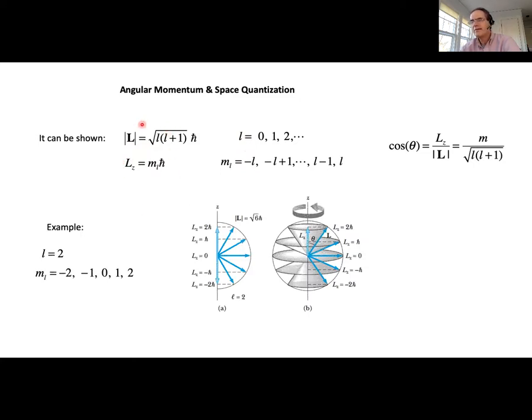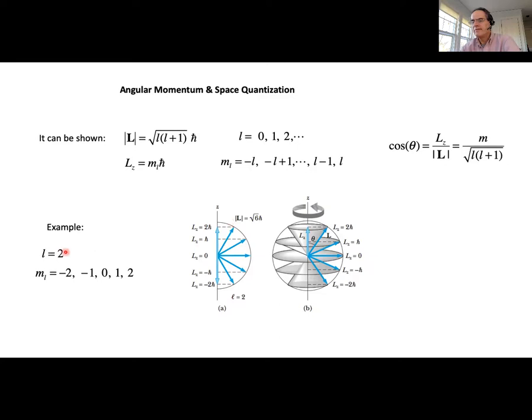First, let's try and imagine what this means. In this drawing, the magnitude of the angular momentum corresponds to the length of the blue vector shown here. And then the z component, shown here, together with the magnitude determine the orientation of the vector in the polar direction, okay?